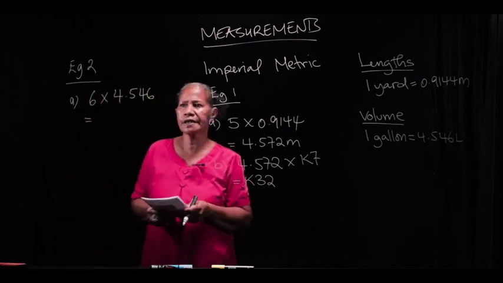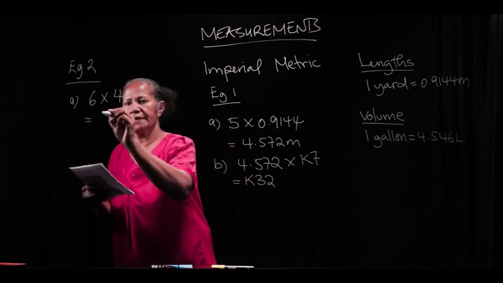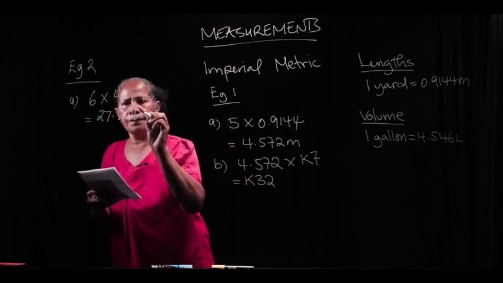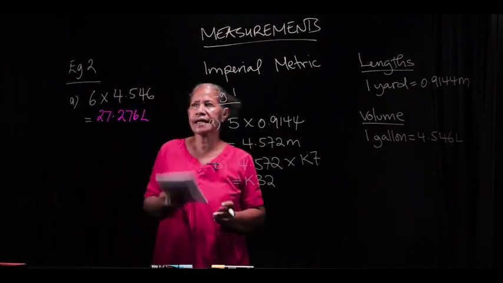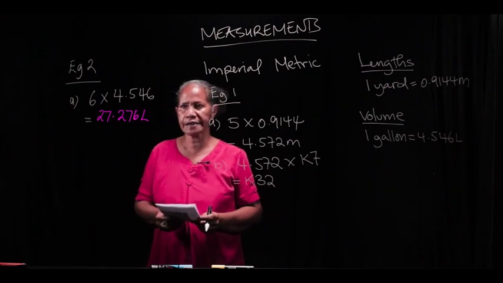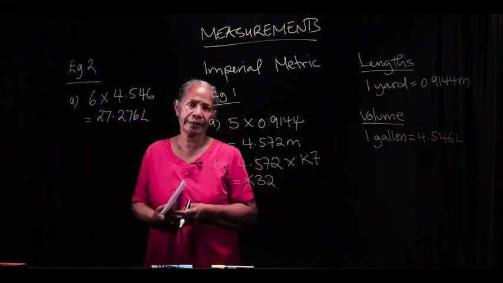That will give us 27.276 liters. So the 6 gallons is equivalent to 27.276 liters. That's how much fuel I would need.